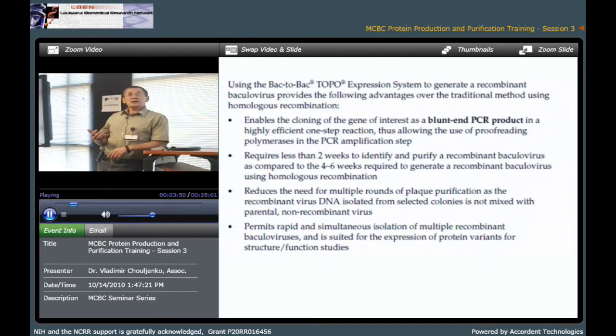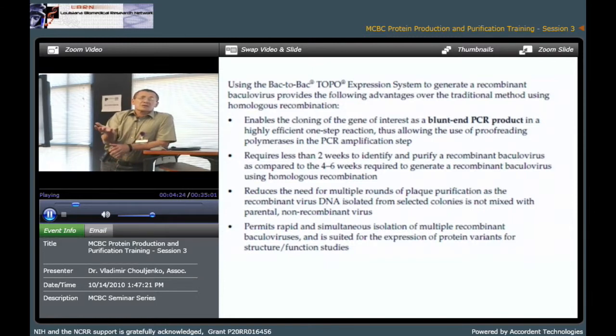This system has several obvious advantages over the traditional method, which uses homologous recombination. First of all, the system allows blunt-end cloning of PCR product. As a result, you can use an enzyme like Pfu polymerase, which has proofreading activity, and you can avoid introduction of any unwanted mutation in your gene of interest during the amplification step.